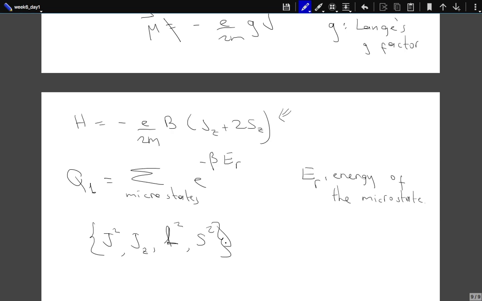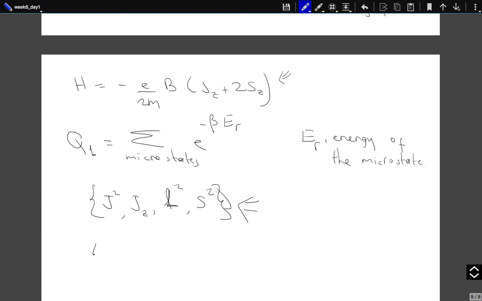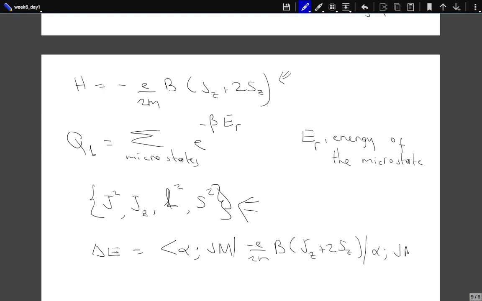But to a first approximation in perturbation theory, we can still treat the eigenstates of these 4 operators as our approximate eigenstates, and the energies will be shifted by this amount, with alpha denoting all the other quantum numbers. We have the state alpha J m, minus e over 2m B, Jz plus 2Sz, alpha J m.